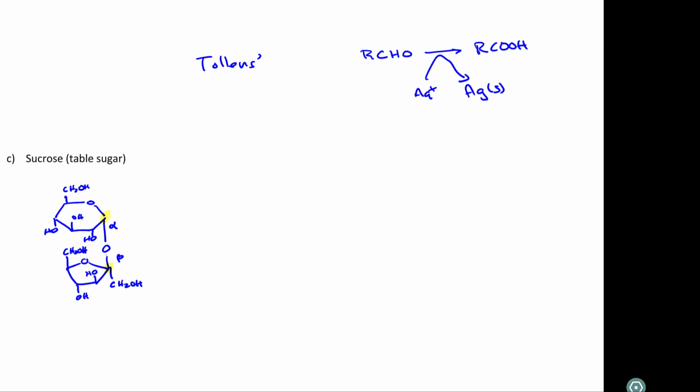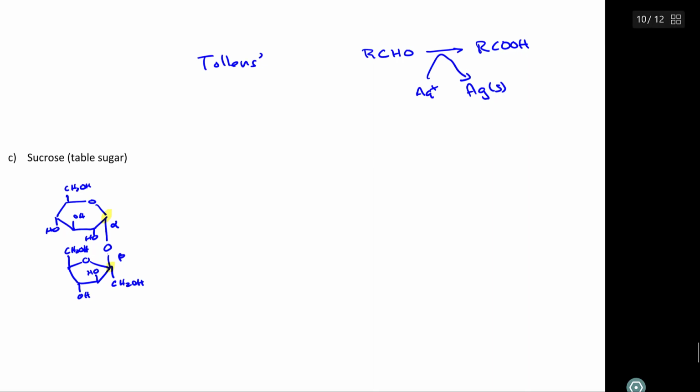I should point out, since I'm on the topic, if I drew fructose and told you it oxidizes with Tollens reagent, you should initially be a little skeptical, because fructose is this, with a CH2OH on the bottom, and at the top I have a CH2OH.